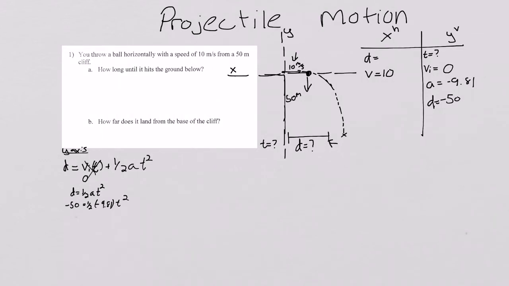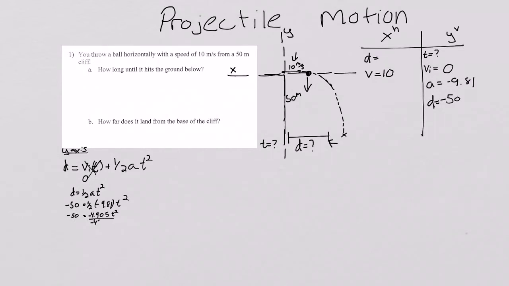Now let's do a little bit of math. What is negative 9.81 times 1/2? If you don't know it off the top of your head, you may have to use a calculator, but it is negative 4.905. Then you bring over that t squared equals negative 50. I'm just trying to get t on its own because we are solving for t.